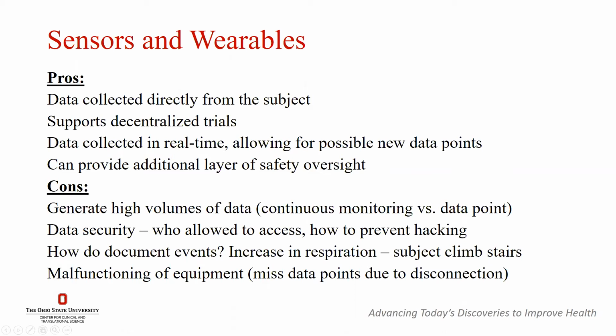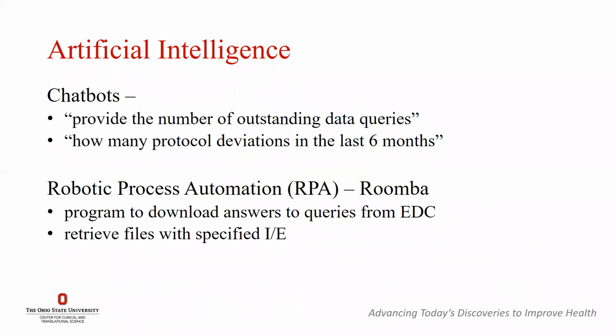And then artificial intelligence. So I think that everybody has heard this word in the news. It's talked about a lot. As a coordinator, when I first started hearing it, I was like, well, what exactly is it? And how is that going to affect me? But we actually find it in our world much more than we ever thought.